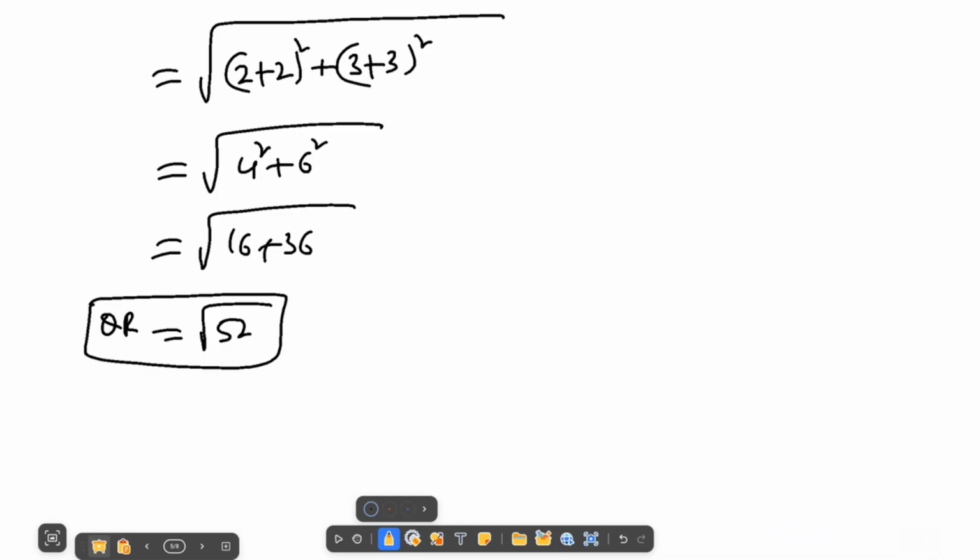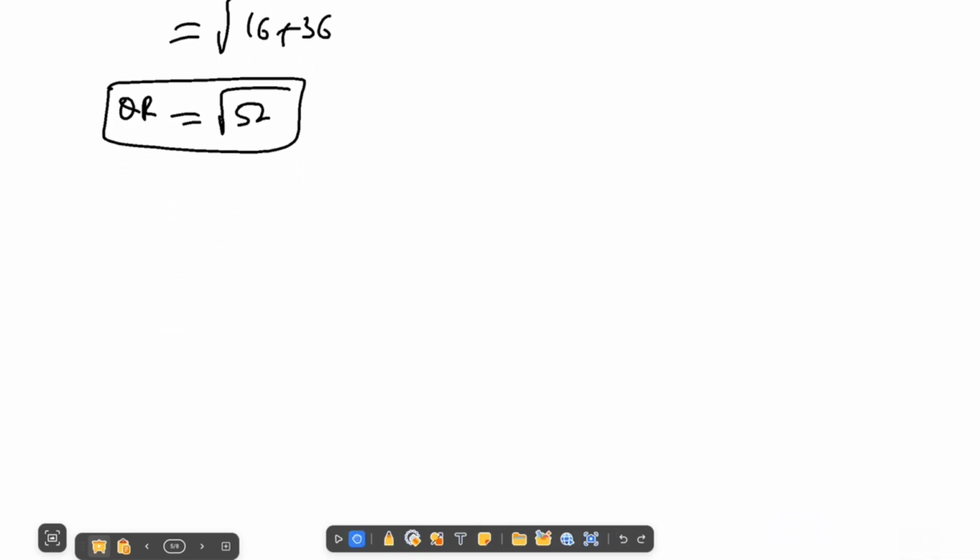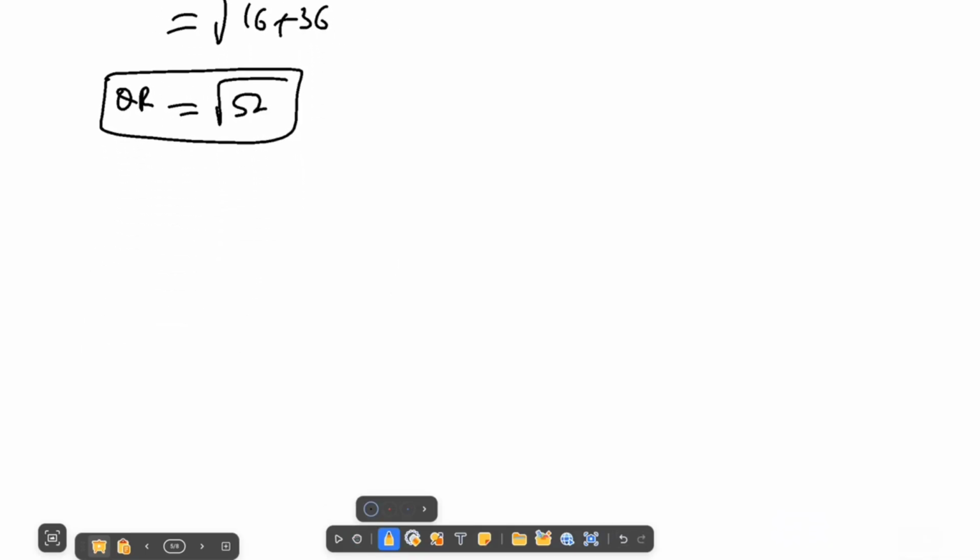Now apply the Pythagoras theorem. What is the relation between these three sides? Hypotenuse square is equal to the sum of the squares of the other two sides. Here the hypotenuse is QR. So QR square is equal to PQ square plus PR square. That means QR is root 52, so root 52 whole square.